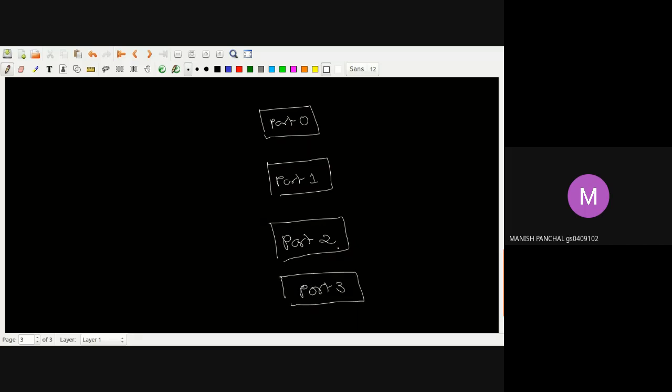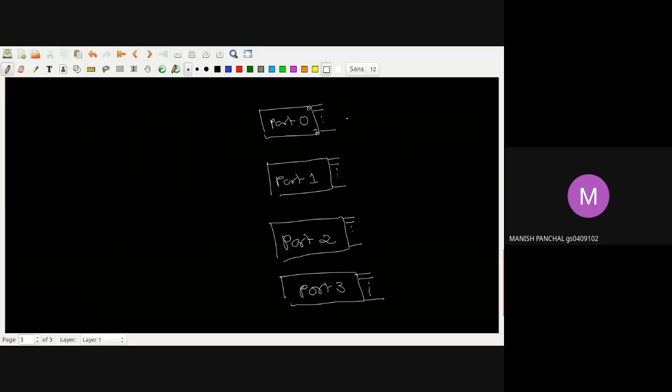First we'll write the functions. Each contains a total of 8 lines, so 1, 2 and up to 7. So I'm writing 0 to 7 lines here. Similarly, you can draw for each of the ports, a total of 8 pins for each.